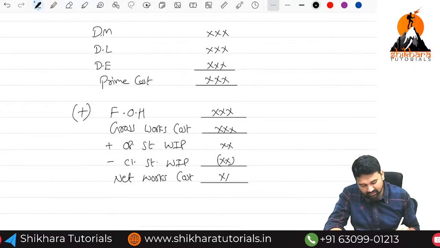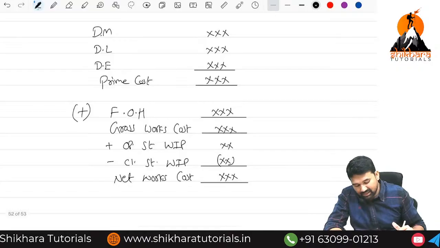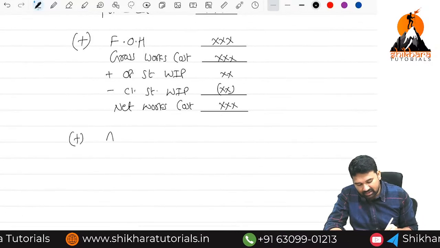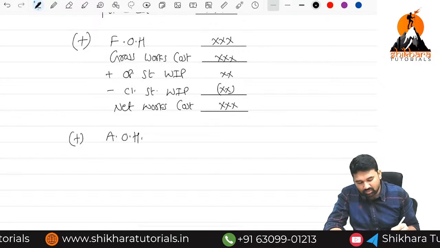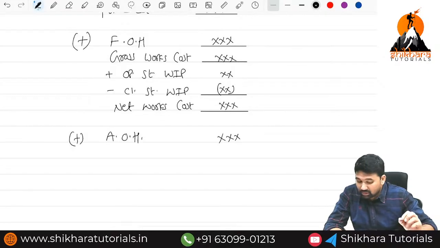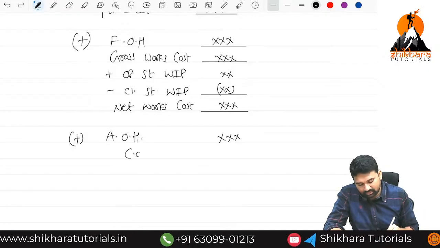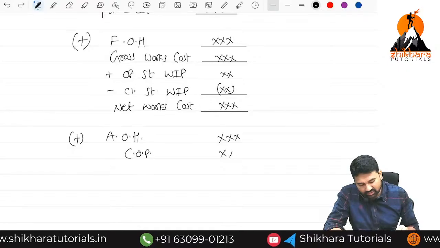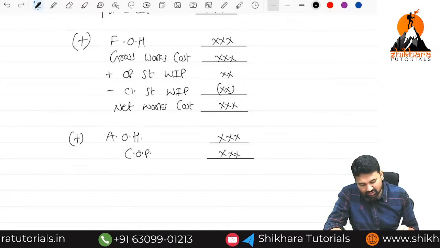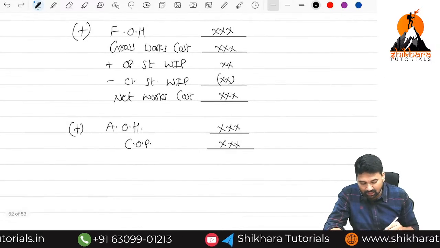Net works cost. And in the same way, we have to add administration overheads. The result will be called cost of production. So after adding administration overheads to net works cost, the result will be called cost of production.